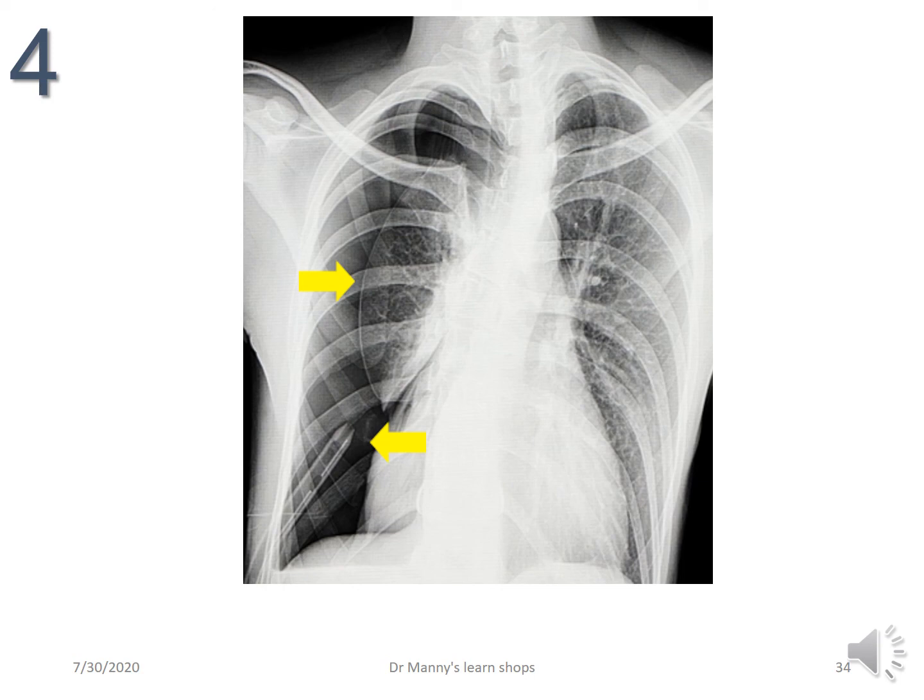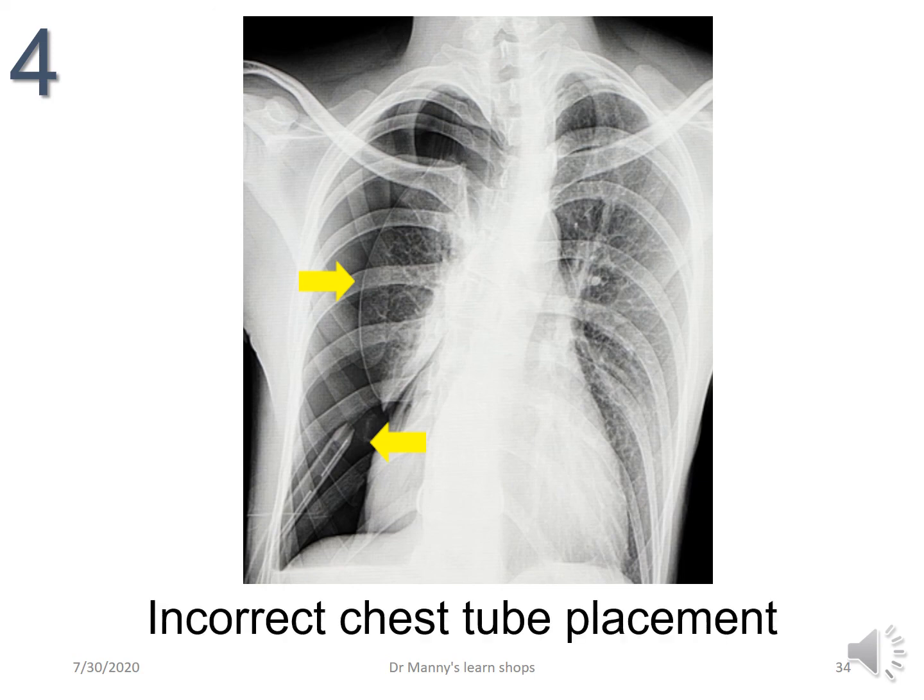They only go out to where the arrow is pointing, and the rest of the pleura is full of air. However, the x-ray confirms that the pleural tube or the chest tube isn't draining the pneumothorax. So therefore, this is incorrect chest tube placement and needs to be repositioned.